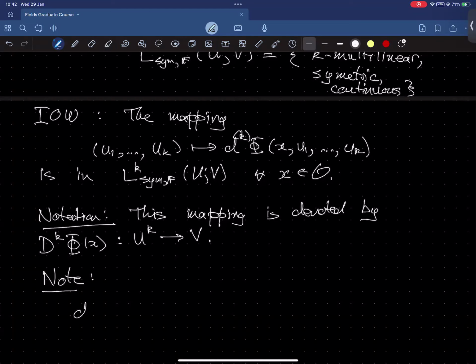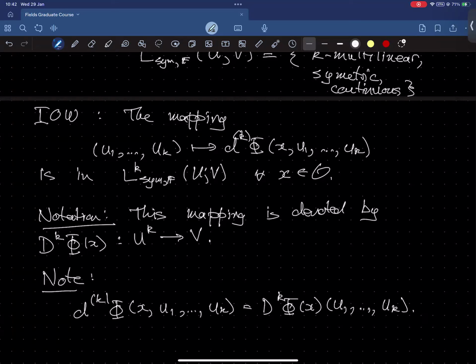We have d^k phi(x)(u1, ..., uk) is D^k phi(x), and now it takes as its arguments u1 up to uk. That's the relationship between these things.